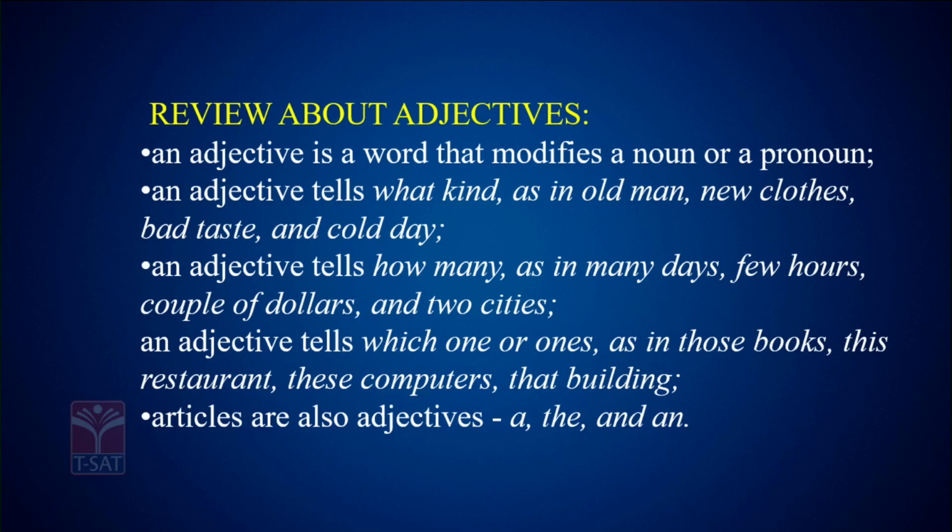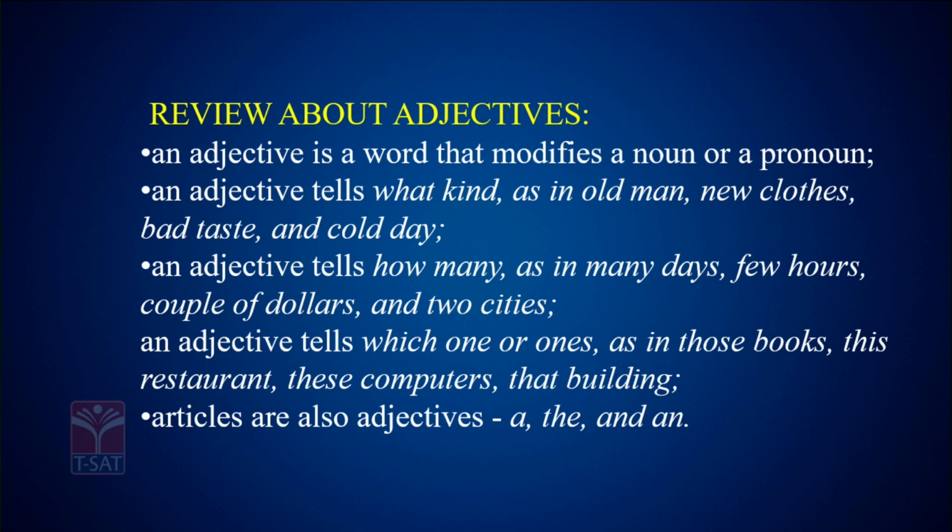And if we go a little further about adjectives, as we have already discussed, an adjective is a word that modifies a noun or pronoun. An adjective tells what kind, as in old man, new clothes, bad taste and cold day.